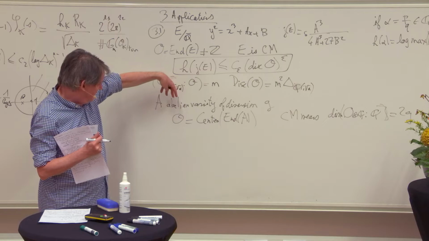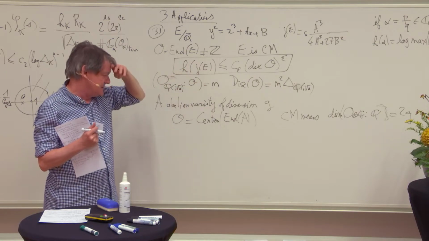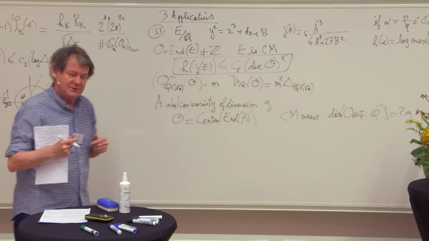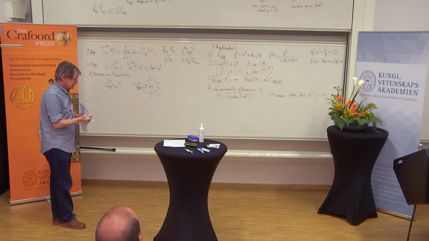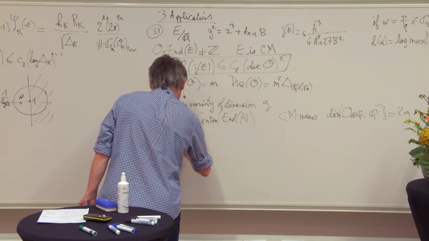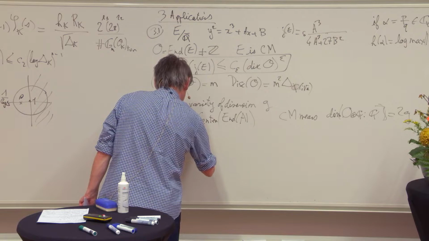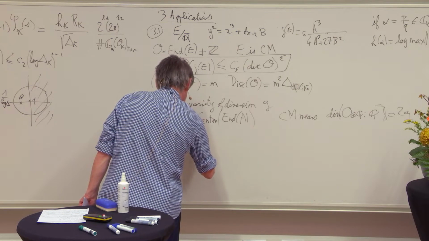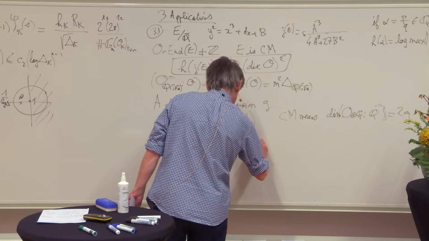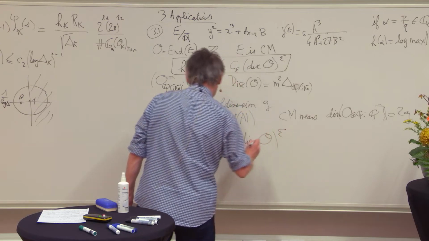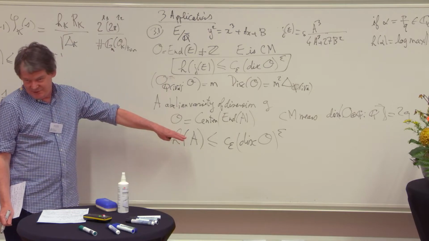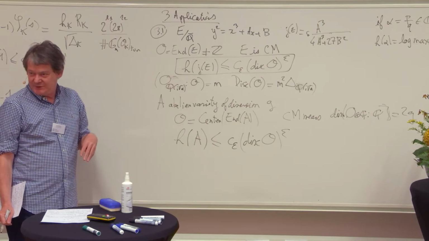For an abelian variety of dimension g, it's not exactly always a field of degree 2g. It could be a product of fields, but the total dimension being twice the dimension of the abelian variety. Then there is a statement that says that the height of A is smaller than C epsilon, essentially the same statement, except, of course, that the height has to be defined with a bit more sophistication.